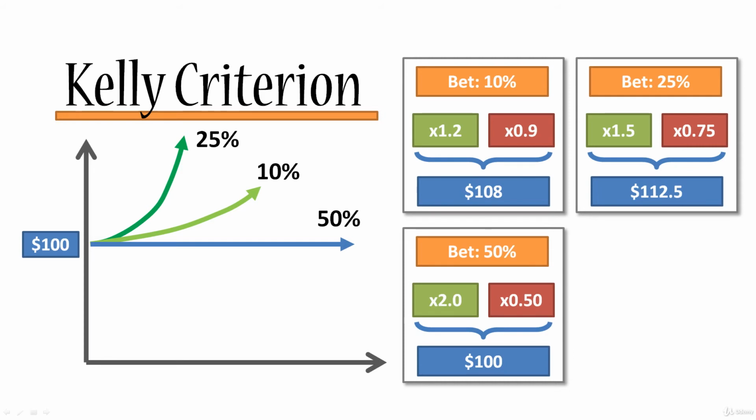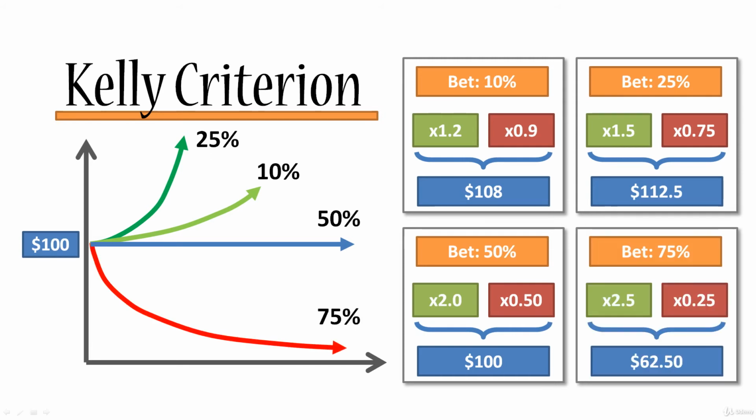So in the long run, if you always bet 50% of what you have in this particular game, then your balance won't change. And if you bet 75%, as we discussed, your balance will decline, and it will decline quite rapidly. Every time you're going to be losing approximately 37.5% of your current balance. So that's the red line on our chart.